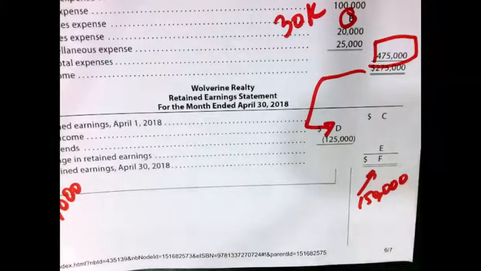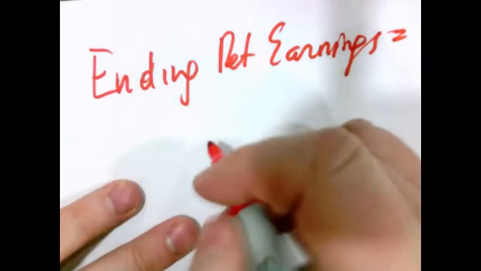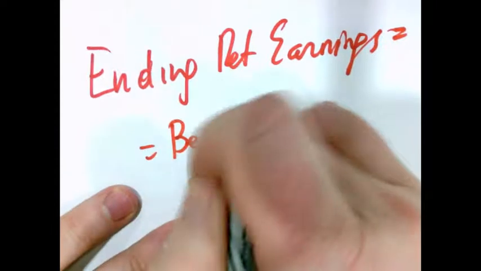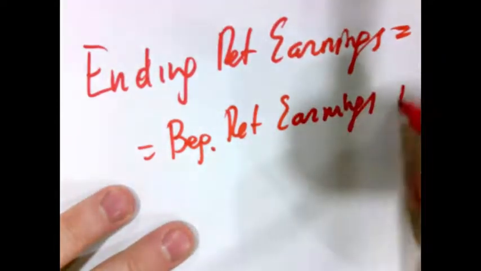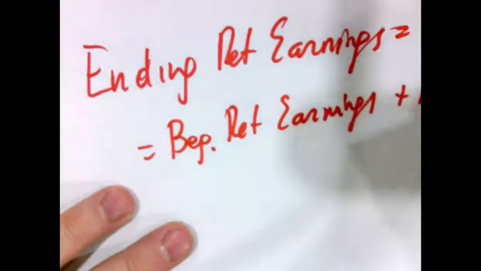Remember that the basic retained earnings equation is ending retained earnings equals beginning retained earnings plus net income minus the dividends.